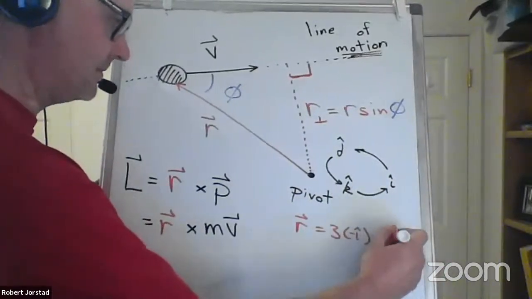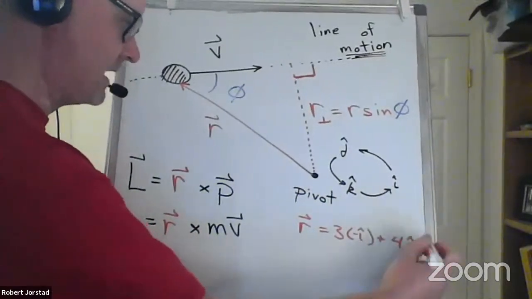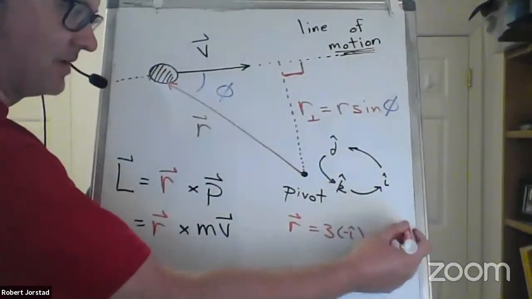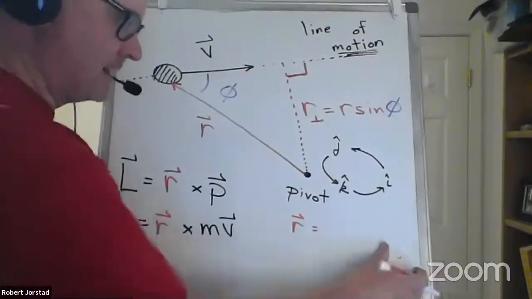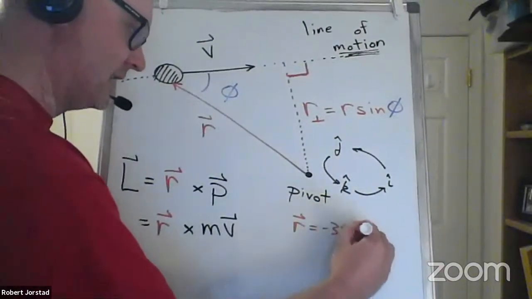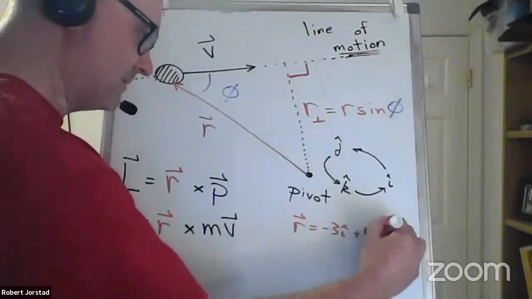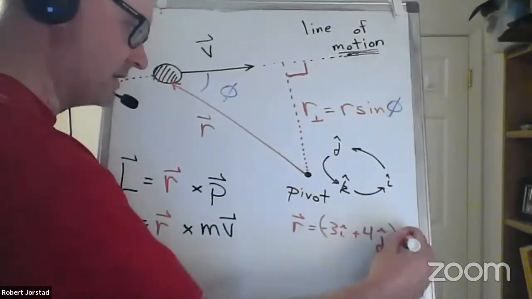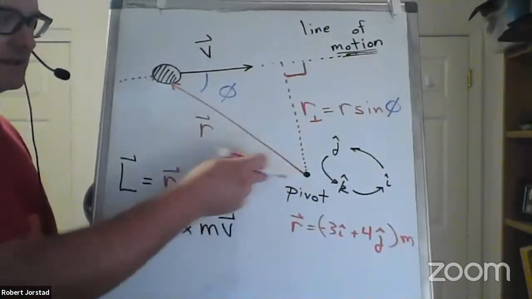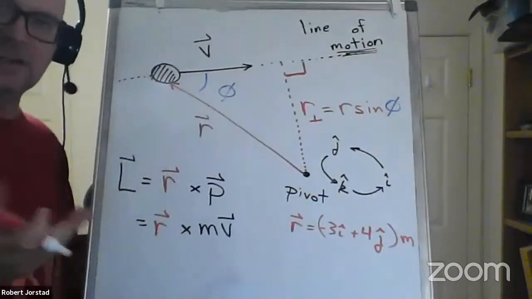I don't know. Now, obviously, this has units of meters. I'm running out of room here, so maybe I should rewrite it. r is -3 in the i hat plus 4 in the j hat in units of meters. Okay, that's supposed to represent this. 3 to the left, 4 up. Sorry if it's not to scale. My bad.